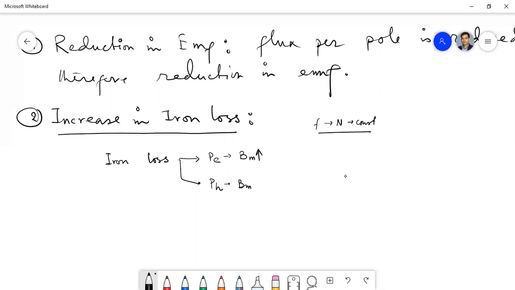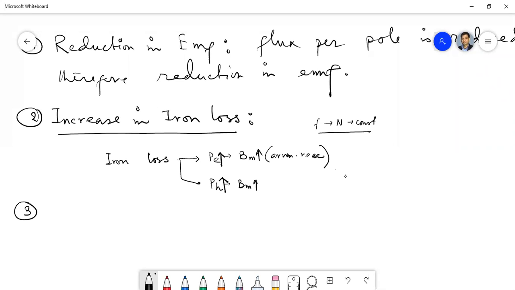So as it has increased due to this armature reaction, the eddy current loss will increase as well as the hysteresis loss. Both losses will increase because the maximum flux density has increased. Clear? So these are all practical problems. You will get reduction in EMF, you will get increase in iron loss.